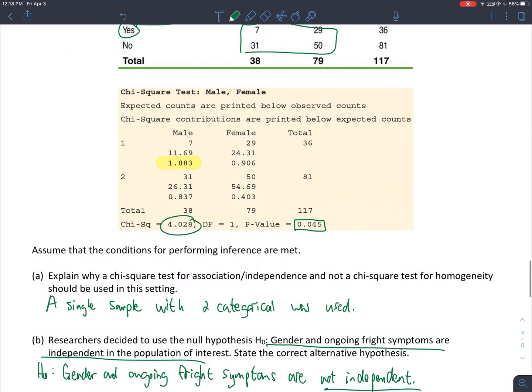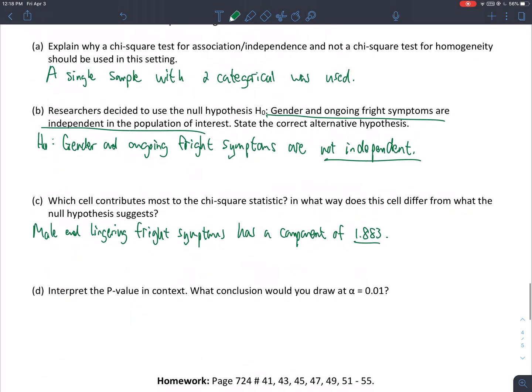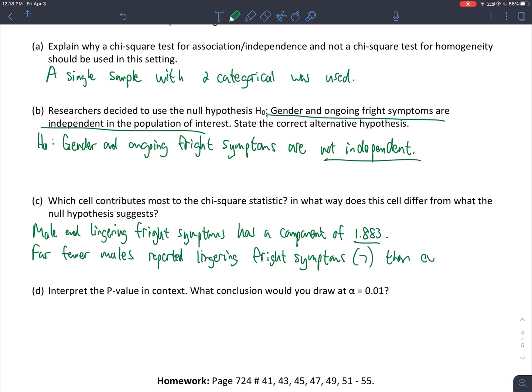But in this case, we're seeing that far fewer observed males, seven of them, reported having lingering fright symptoms than what we expected to see. The expected is 11.69, if the null hypothesis were true.